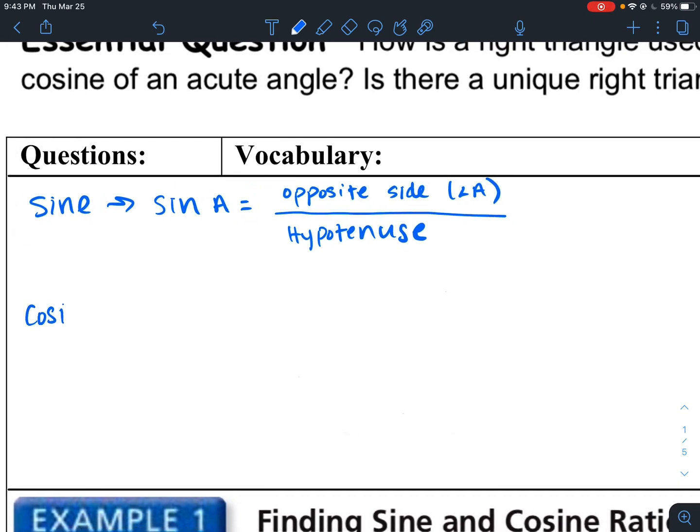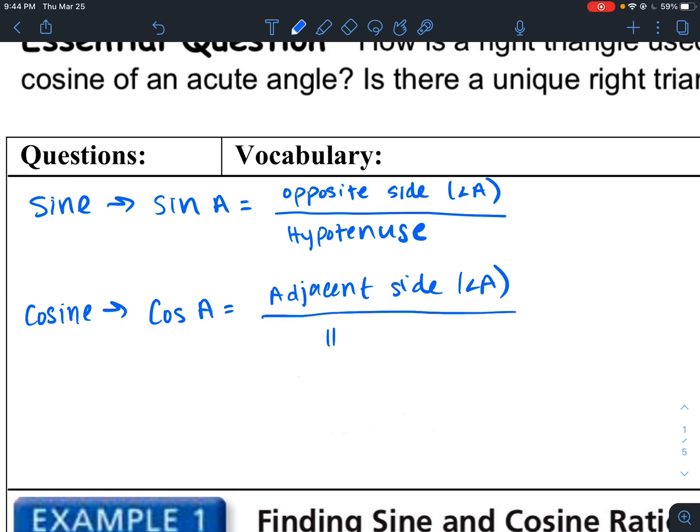So there's sine and now there's cosine, abbreviated C-O-S, so cos. Cosine of A is equal to the adjacent side of angle A divided by the hypotenuse.